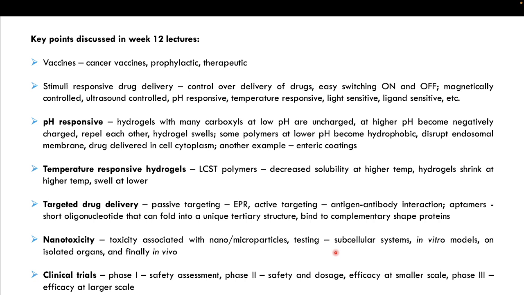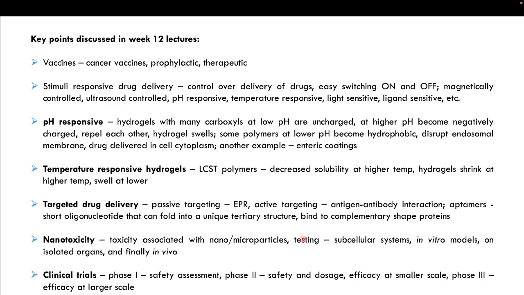These clinical trials are all done with human patients. They are actually divided into 3 phases. You first have phase 1, wherein you do it in a very small group, let's say 10 to 15 patients, and you first assess whether your formulation is safe or not.